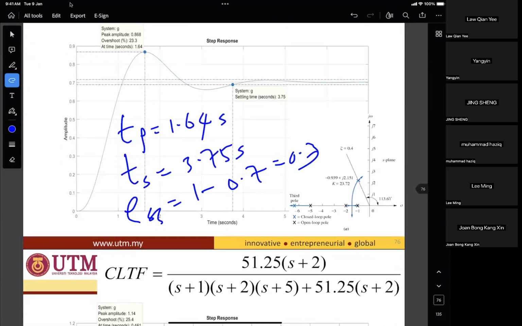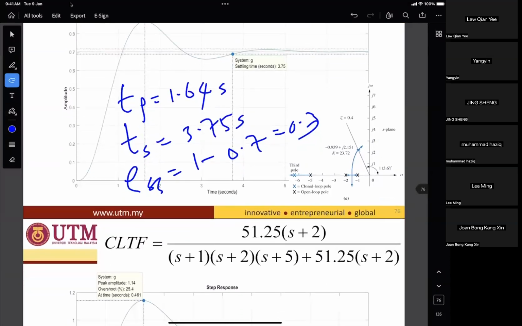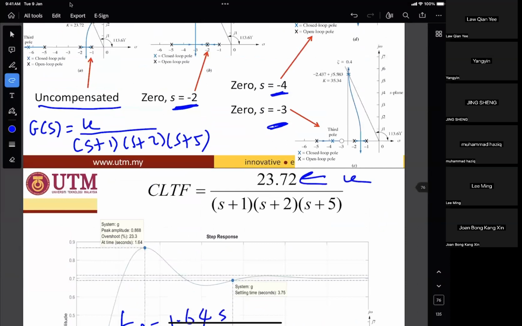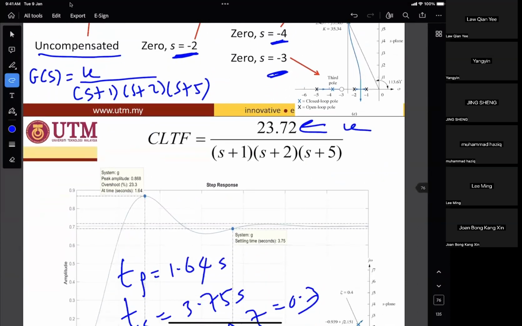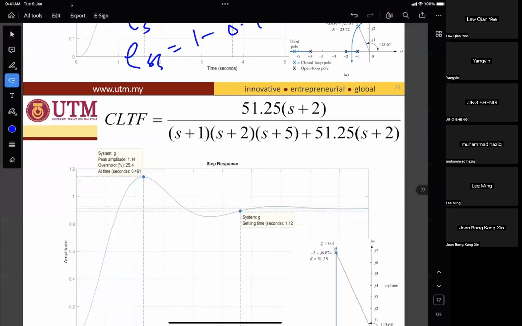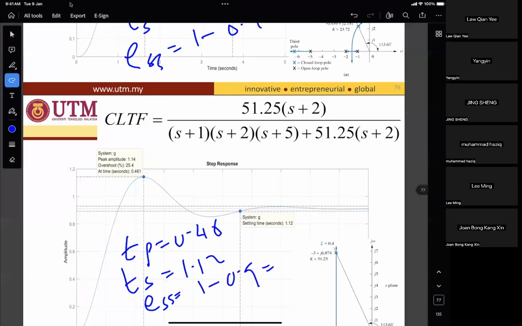Then we added S plus 2 zero and see what happened. The peak time now is 0.46. Settling time now is 1.12. Steady state error is 1 minus 0.9, which is 0.1.